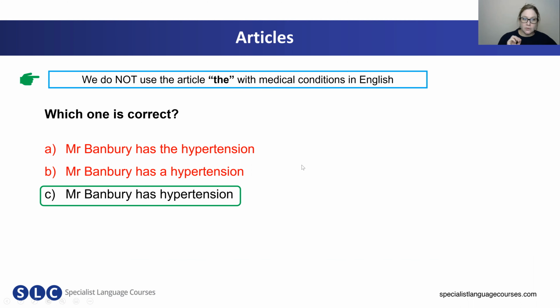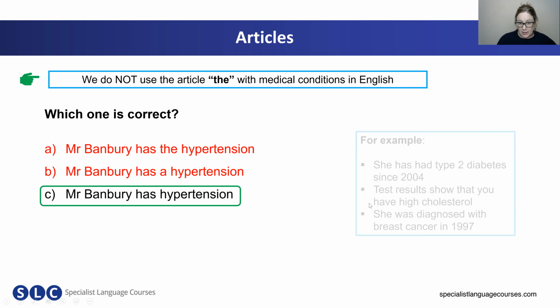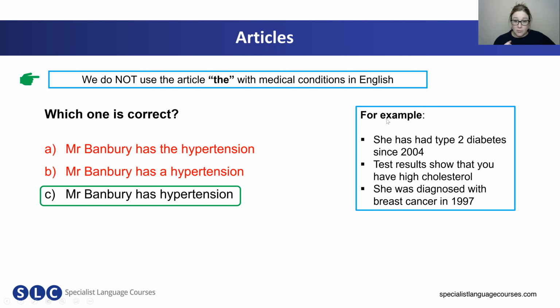We do not use the article the with medical conditions in English. Okay, so here are some more examples. She has had type 2 diabetes since 2004, not the type 2 diabetes. Test results show that you have high cholesterol. She was diagnosed with breast cancer in 1997, so no article.